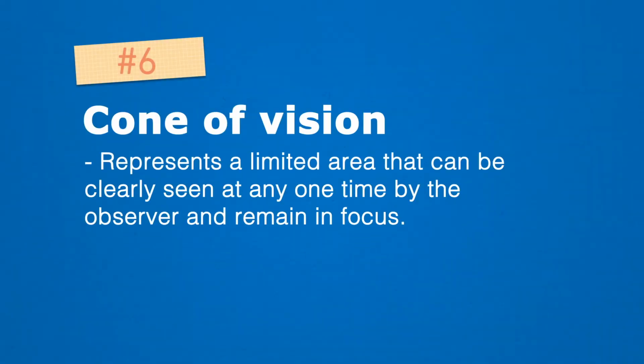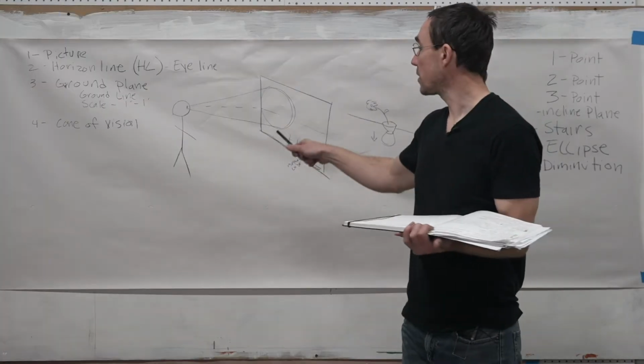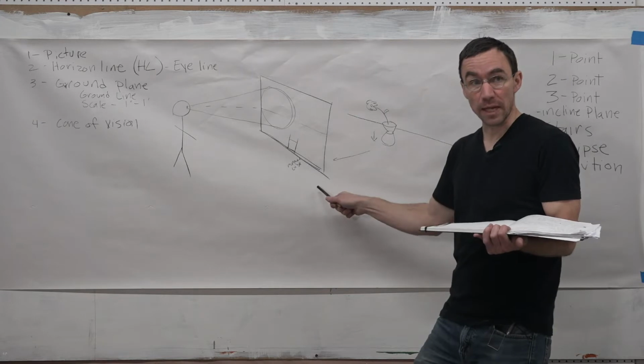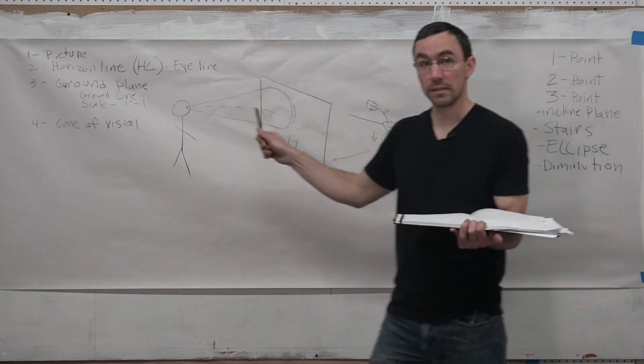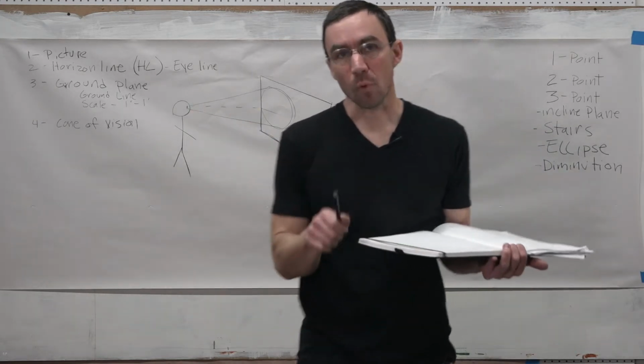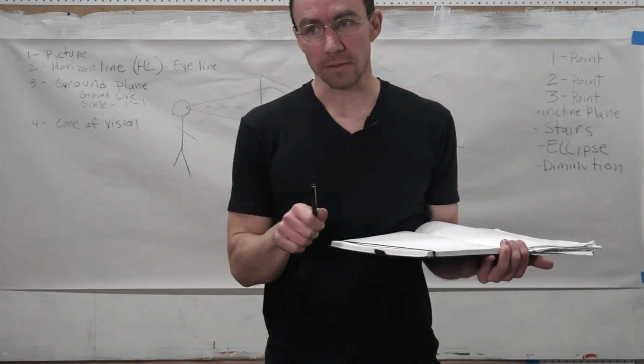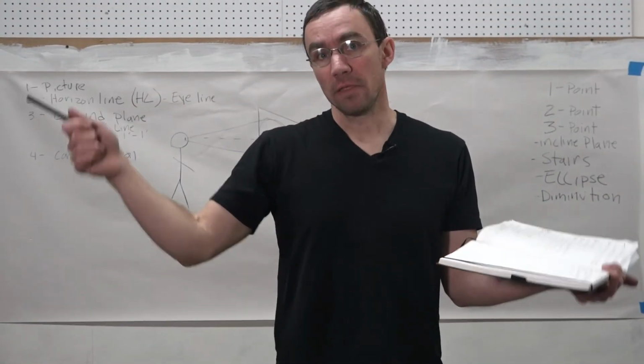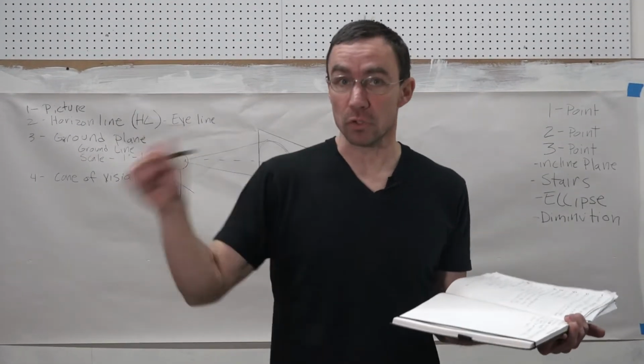All right, the next term is cone of vision. The cone of vision intersects the picture plane at a certain point. Now, why this is important for us in linear perspective is that if I draw outside of my cone of vision, then I'm going to get a pronounced distortion.